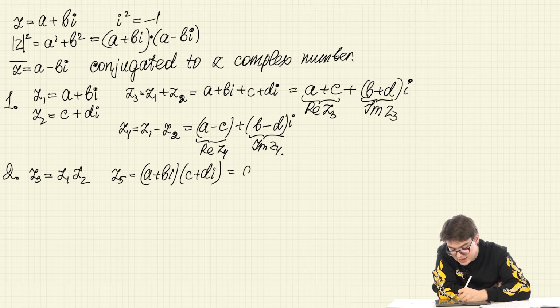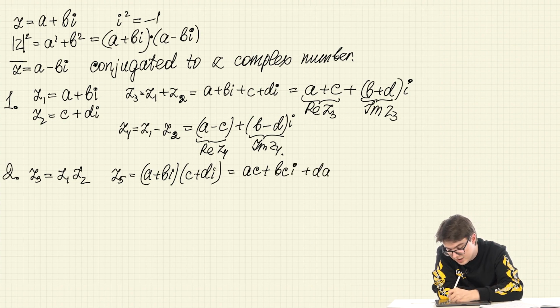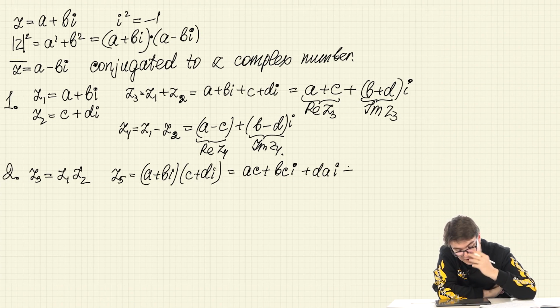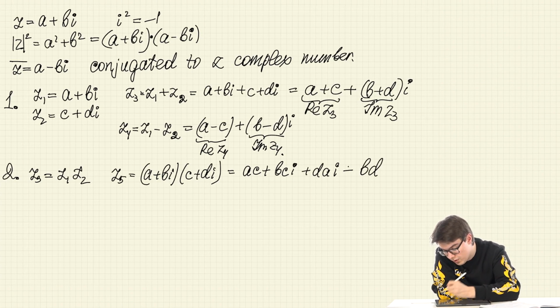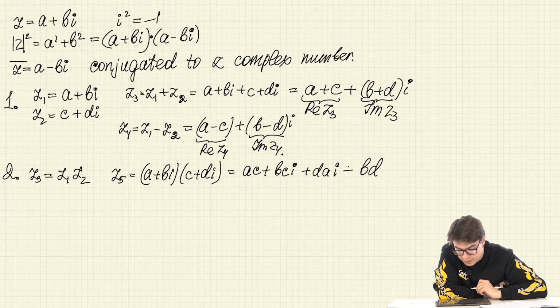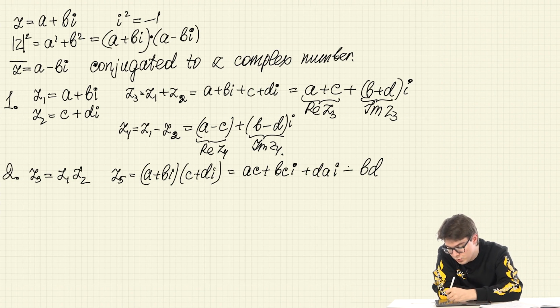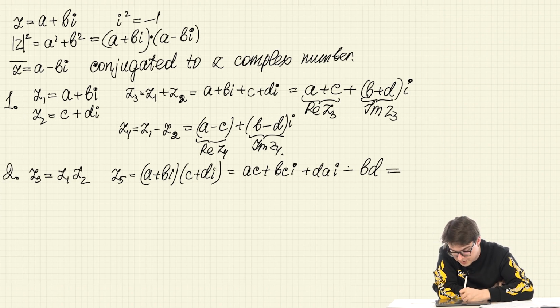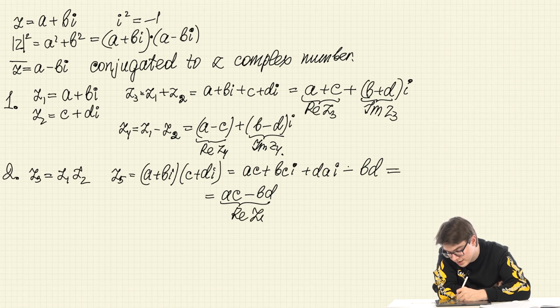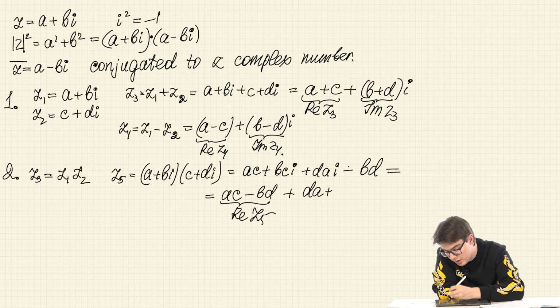And open the brackets: ac plus bc times the complex unit, plus da times the complex unit, and finally bd times i by i, which gives minus 1, so finally there is a minus sign here. And we can conclude that the real part of z5 is ac minus bd. Yeah, real z5. And its imaginary part is da plus bc.